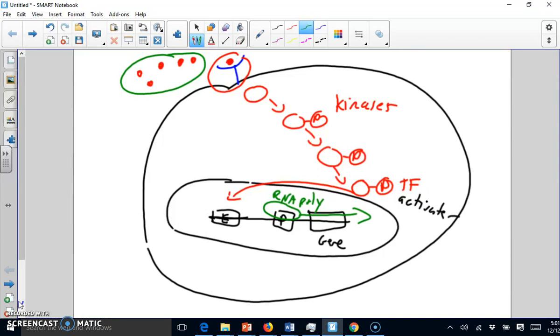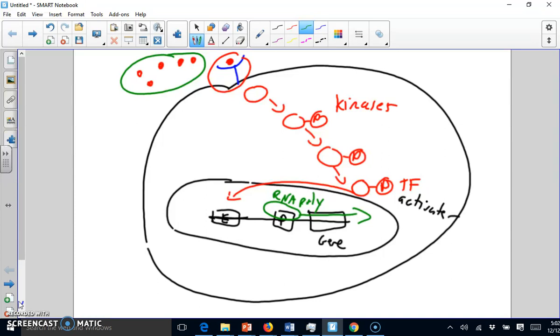Now, what are examples that we saw of this? The most common example was back when we were doing mitosis, and these things were growth factors, if you remember. They bound to here, and then one of these was called RAS, the other one was called RAF, and eventually a transcription factor went into the nucleus.